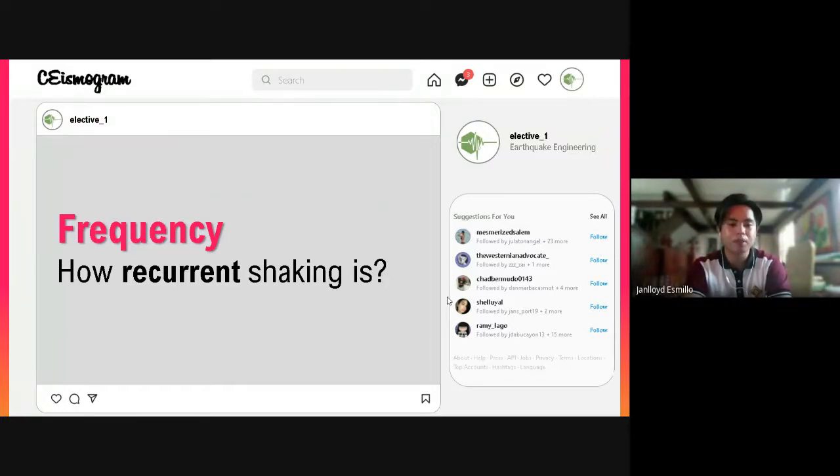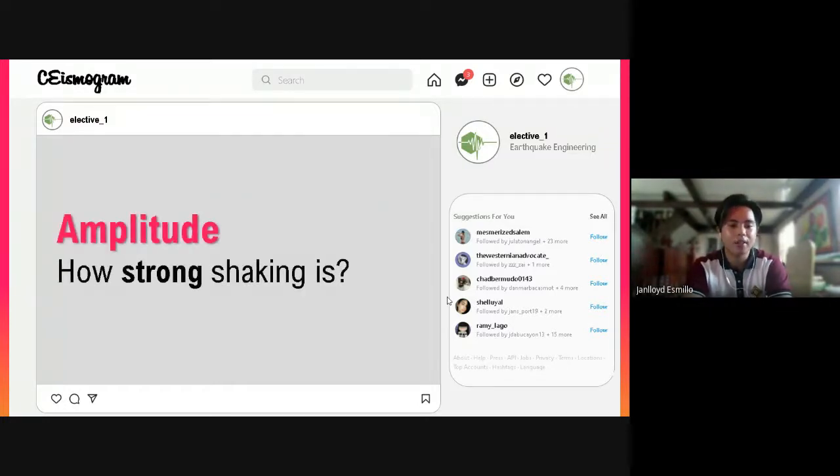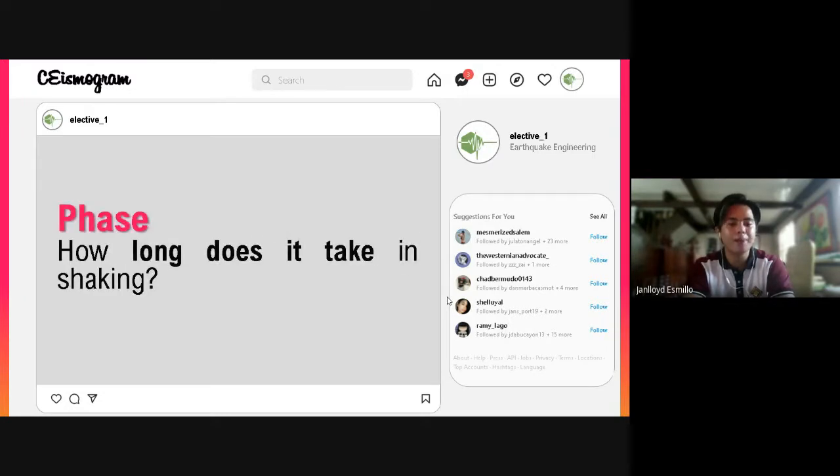vibration. On the other hand, amplitude answers the question how strong shaking is. When we say amplitude, it is synonymous to intensity. Gaano ba kalakas, gaano ka-impactful ang shaking. Unlike sa phase, ang phase po ay sumasagot sa katanungang how long does it take in shaking. It is somehow relative in time din. Siyempre, how long?